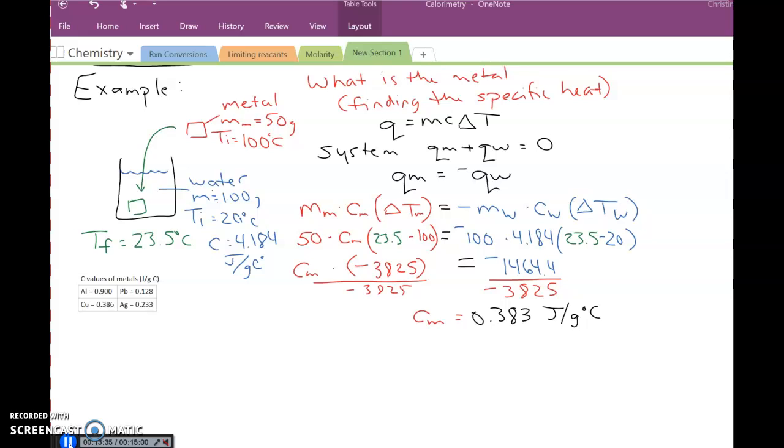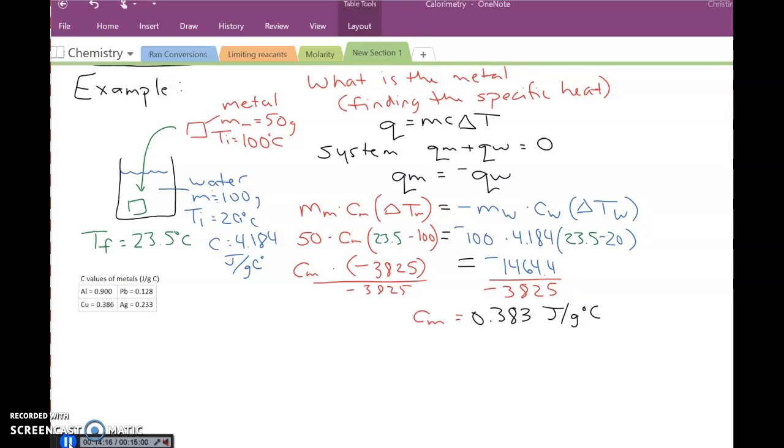So here I've plugged in our values. Mass of the metal is 50. Our C value, or specific heat for our metal, is what we're looking for. We have the 23.5, which is our final temperature, minus the initial temperature of our metal. That all equals the negative mass of the water, which is 100 grams, times our specific heat of the water, which is 4.184, times then the final temperature of the water, 23.5 minus 20.